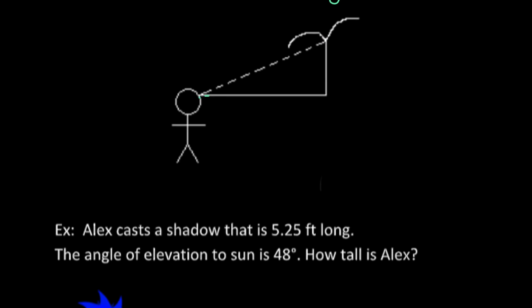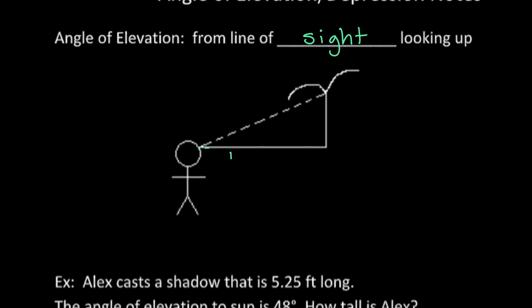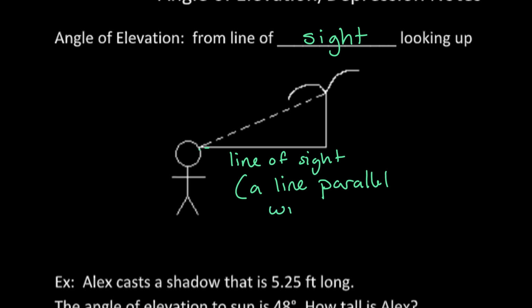All that you need to remember for line of sight is that it is always a line parallel with the ground. So the only line parallel with the ground in this picture is this line right here. This is our line of sight.